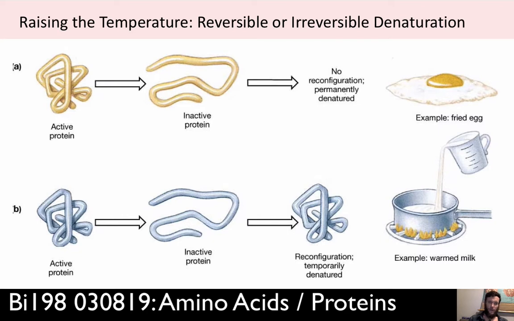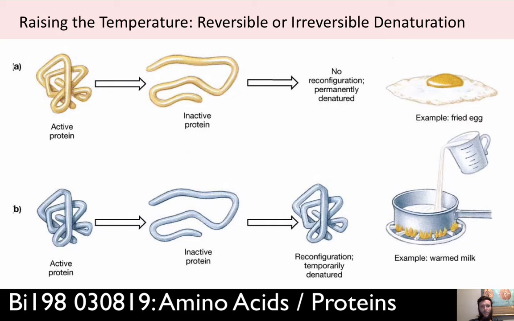You have some kind of active protein. You're going to heat it up. That first arrow represents heat. And you inactivate it, you unfold it to the point where, because of the nature of that protein, it's not really able to reconfigure itself. It's not able to find its way back to its native state.